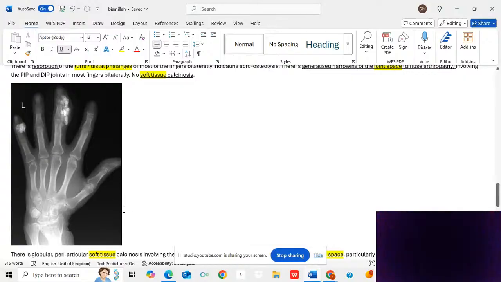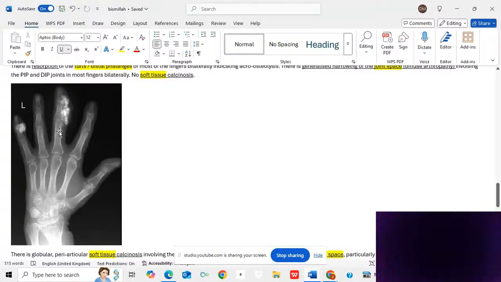You need to imagine that scleroderma is affecting the musculoskeletal system from superficial to deep. From the skin, it will cause soft tissue calcinosis. Then the joint, it will cause a degree of diffuse arthropathy.